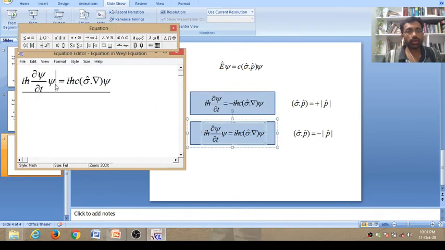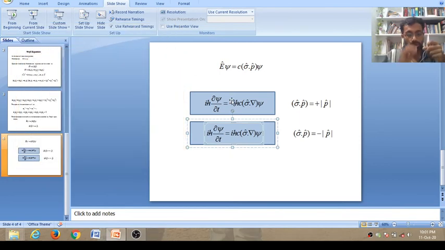So I can write this energy equation or Hamiltonian equation as i h cut dot psi by dot t is equal to this momentum operator. You know what this momentum operator is? The momentum operator is minus i h cut del. So the left hand side I can write i h cut dot psi by dot t, and the right hand side I can write minus i h cut c sigma dot del psi.